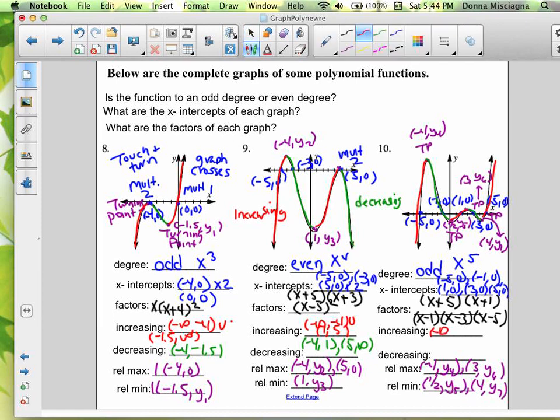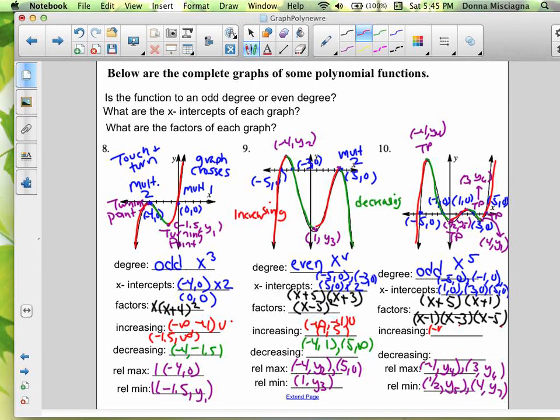So we're increasing from -infinity to -4, and then again from 1/2 to 3. I'm looking for the coordinates. And one more time from, oops, commas are for points, U's are for intervals.